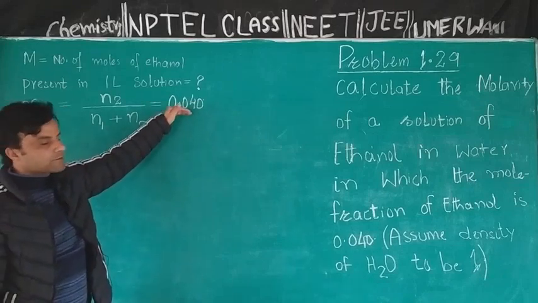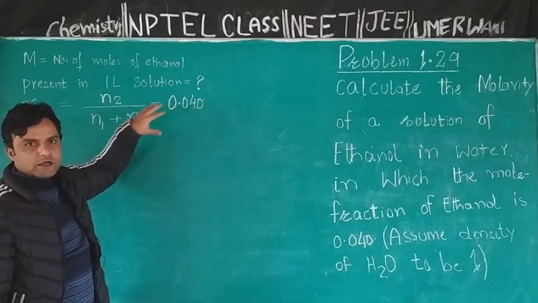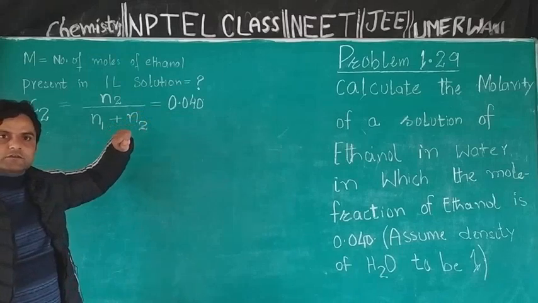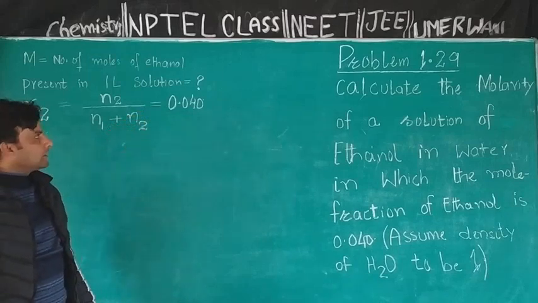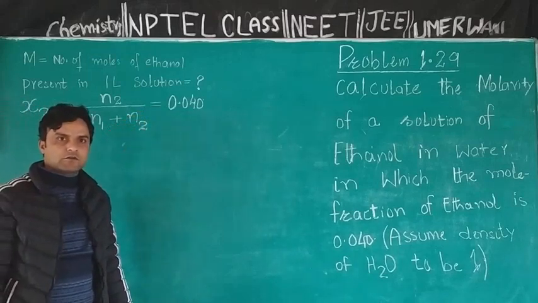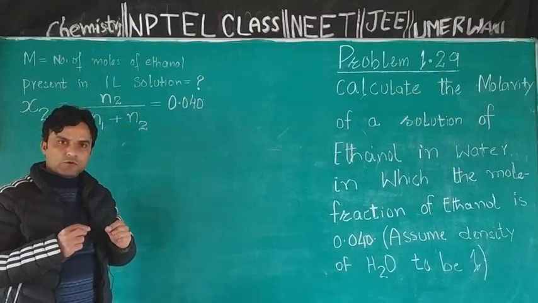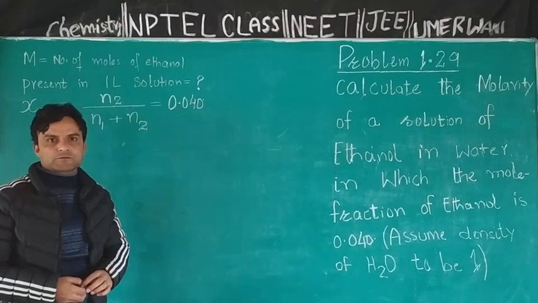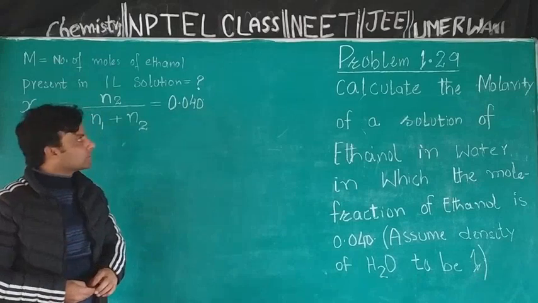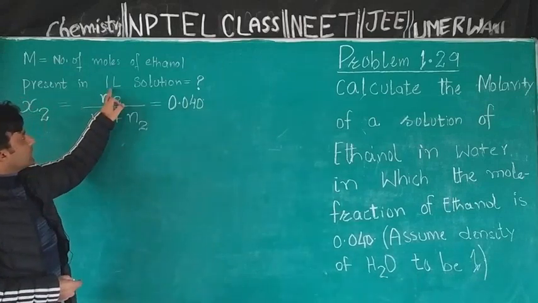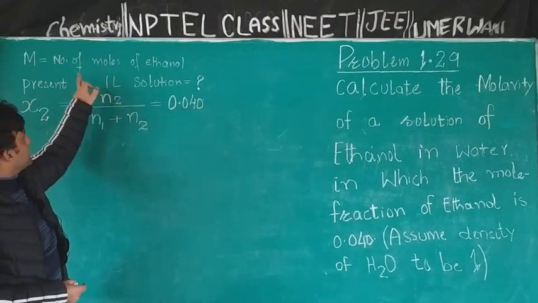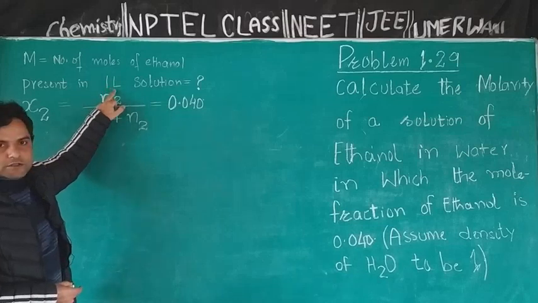Therefore, on basis of this value, I can say that our solution of ethanol in water is dilute, and in dilute solution, we take volume of solution equal to volume of solvent. We have to find number of moles of ethanol in 1 liter solution.